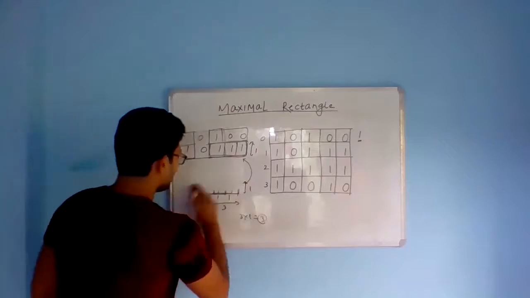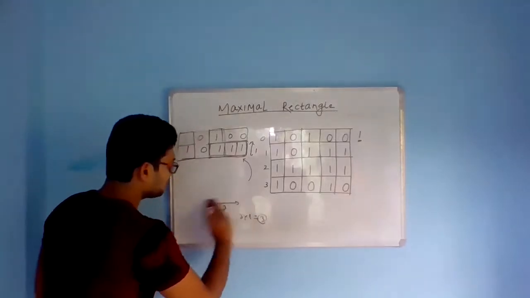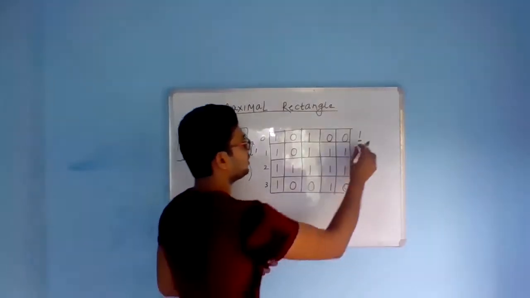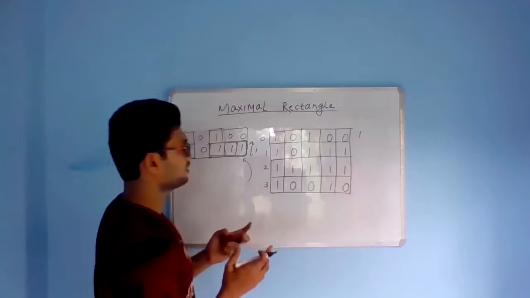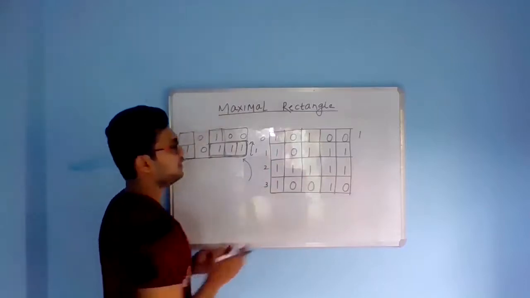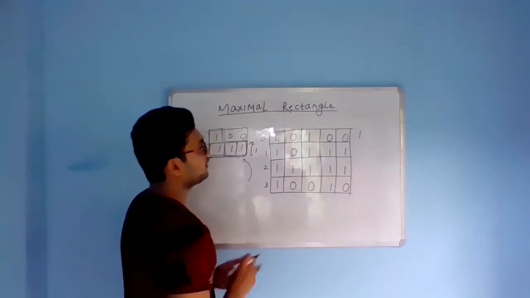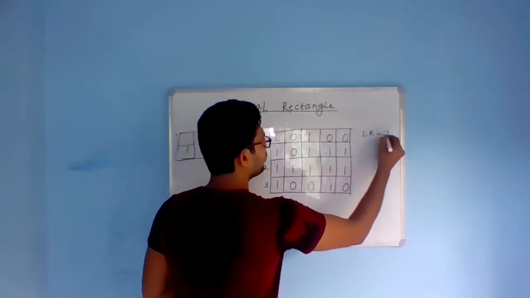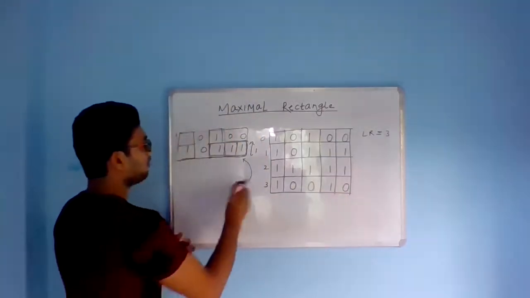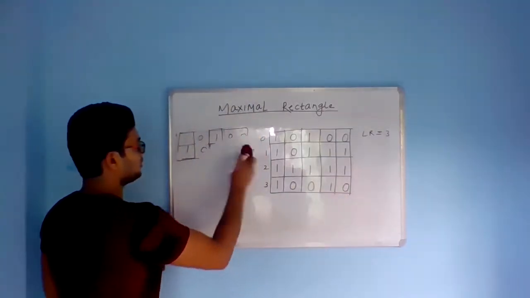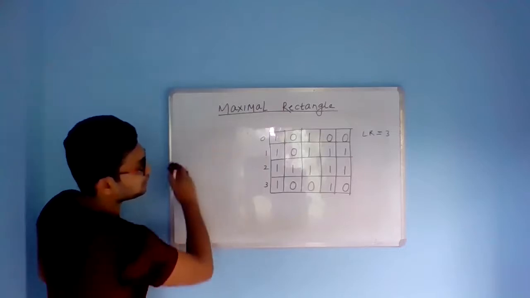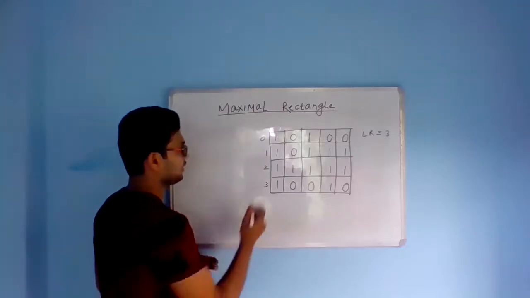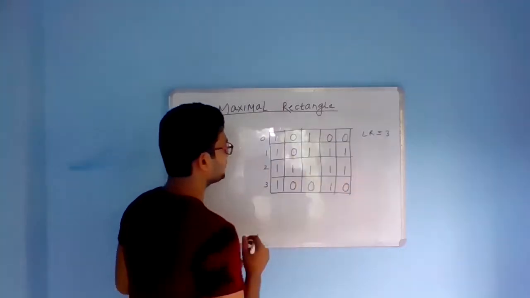We will continue doing that to find the largest area for each and every row. Till this point, the largest area we have found is 3. Now let's include the second row as well into this big submatrix.